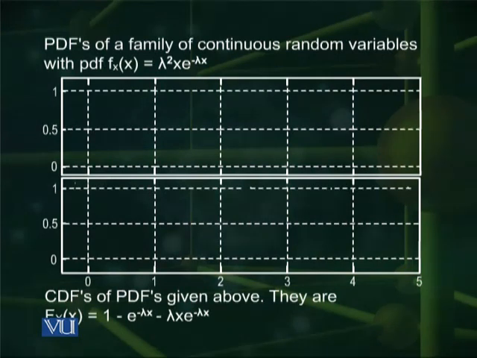This k depends on the value of lambda, and it should be chosen in such a way that the total area under the curve is 1.